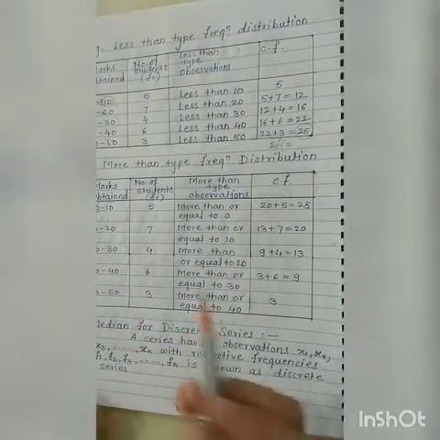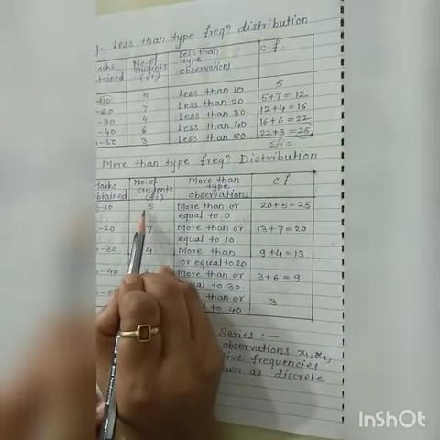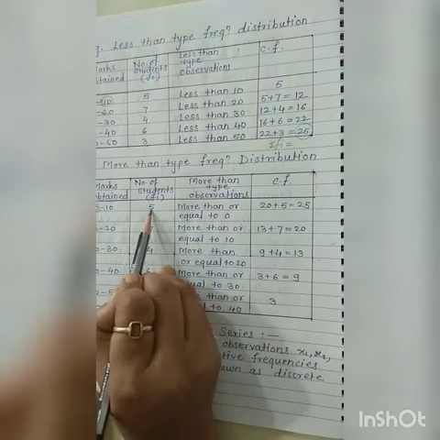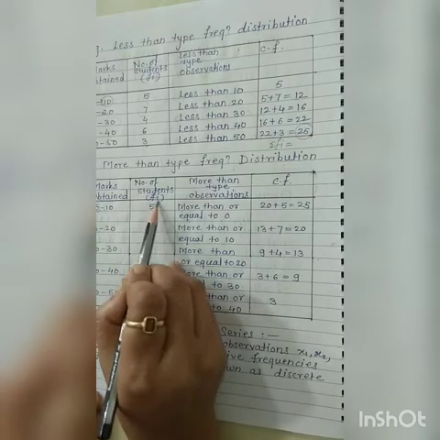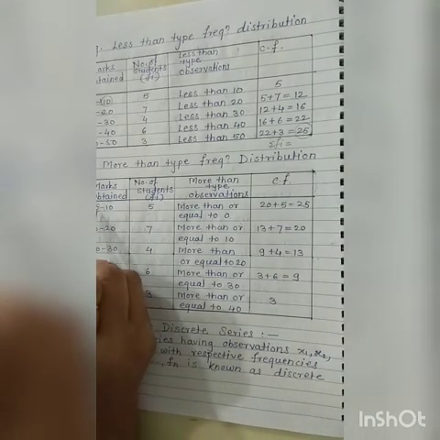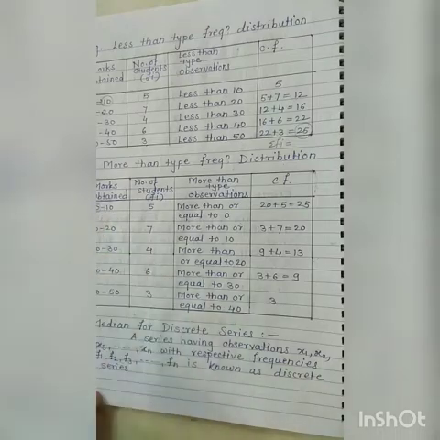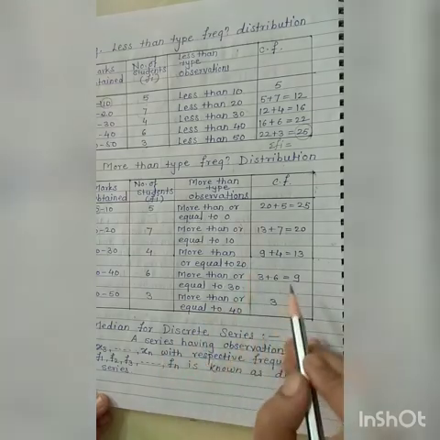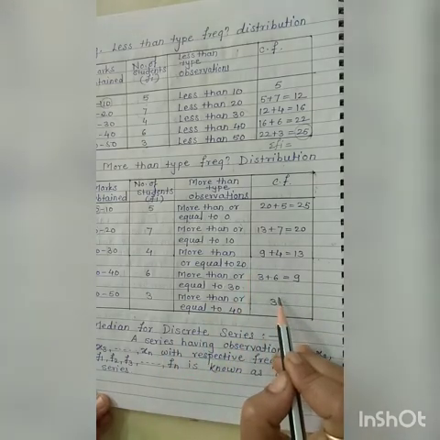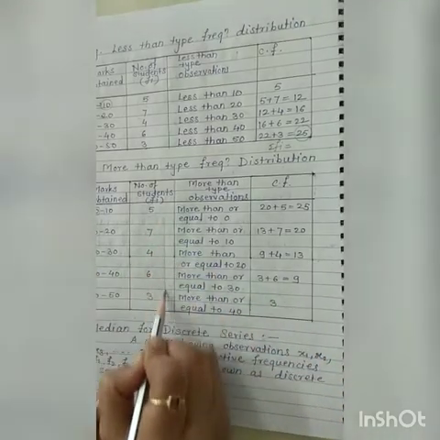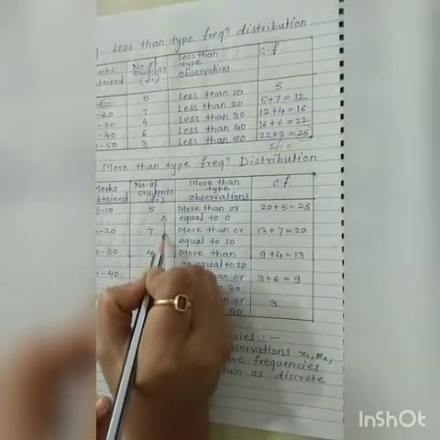Now for the cumulative frequency, the first frequency is 5. That means there are 5 students who have scored marks from 0 to 10. Now here for the more than type frequency distribution, we are going to add the frequencies from the last observation to the first observation.